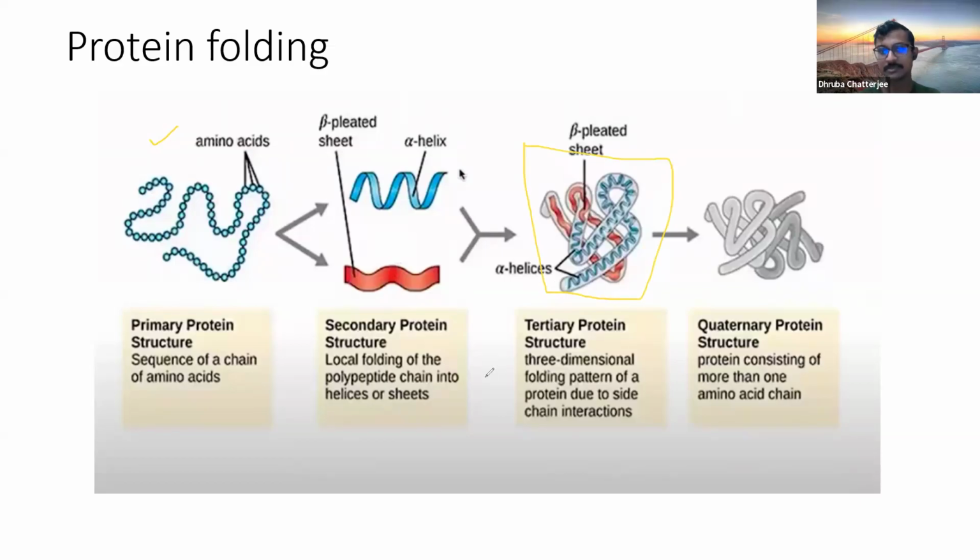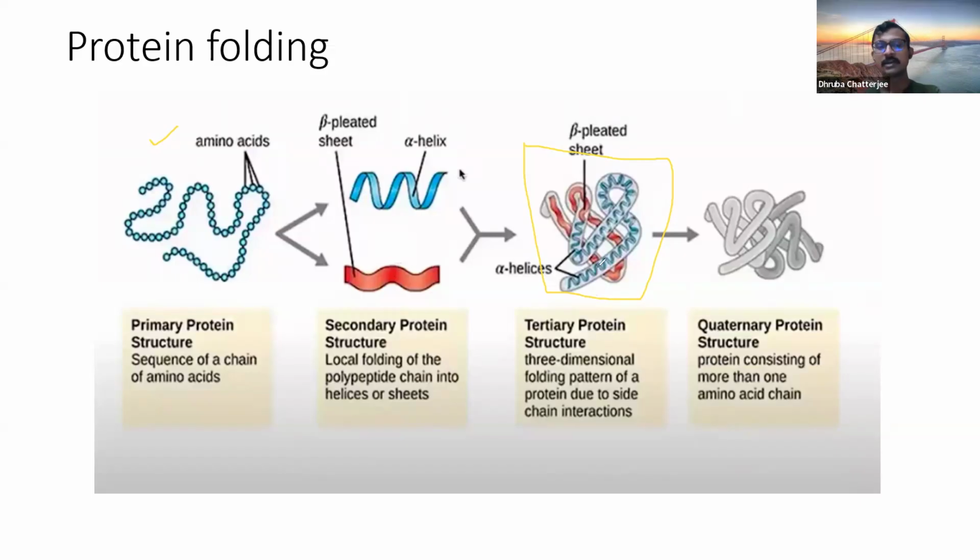And eventually, what can happen is that two, three, four different protein subunits, each of them having their own three-dimensional tertiary protein structures, can come together, right?